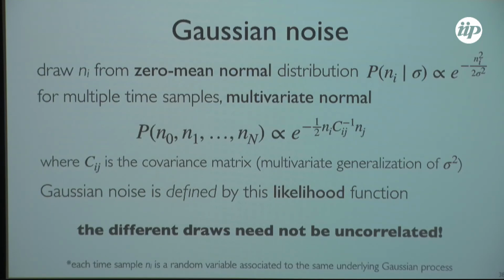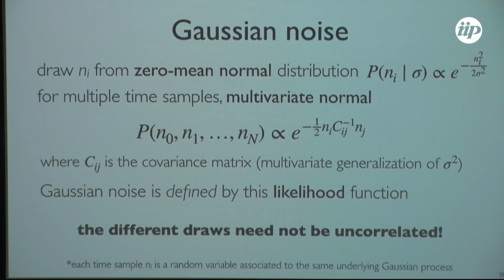Well, if you draw a single variable, usually we call it x, but here I'll call it n_i, from a Gaussian distribution that has zero mean and some standard deviation sigma, the probability of drawing any given value is given by this exponential, e to the minus n_i squared over 2 sigma squared. This is just saying that the farther it is away from 0, the less likely it is, with some characteristic scale set by sigma.